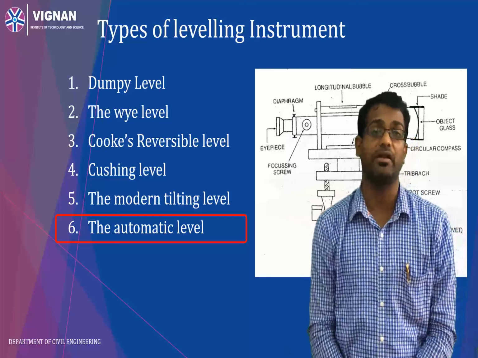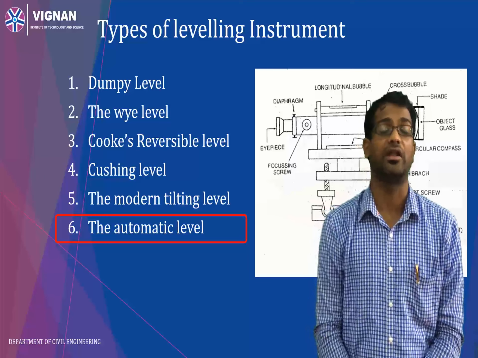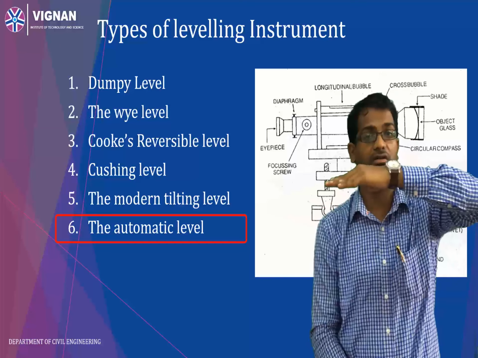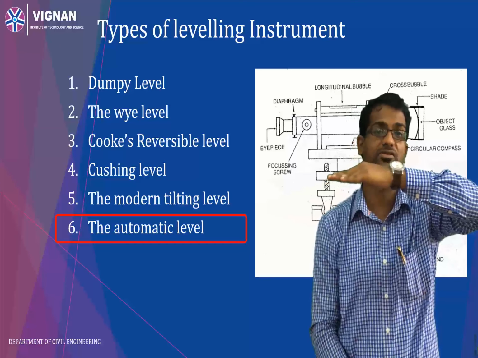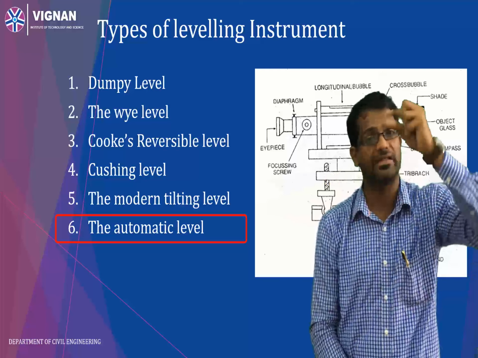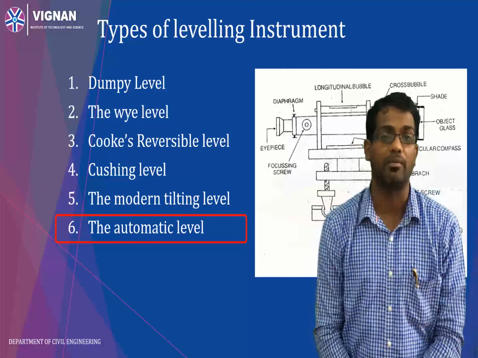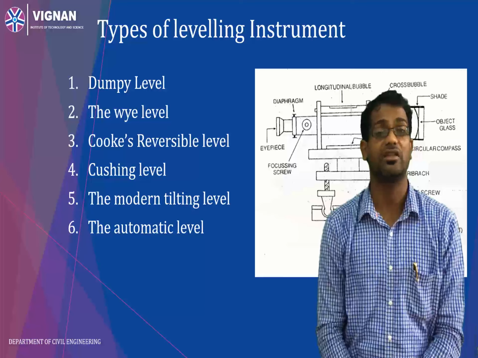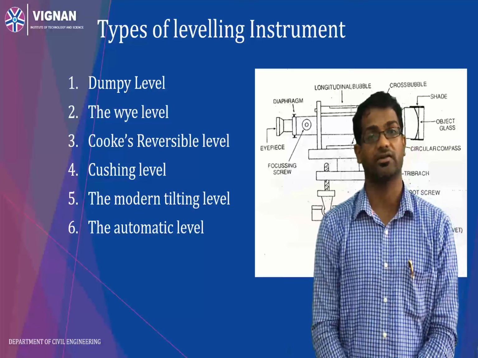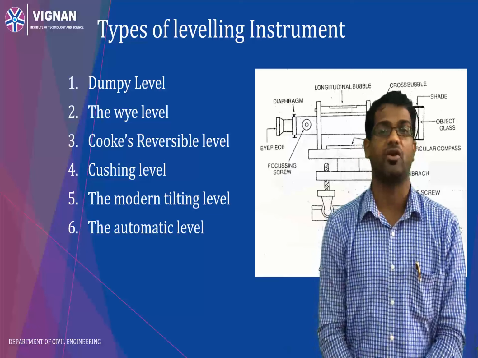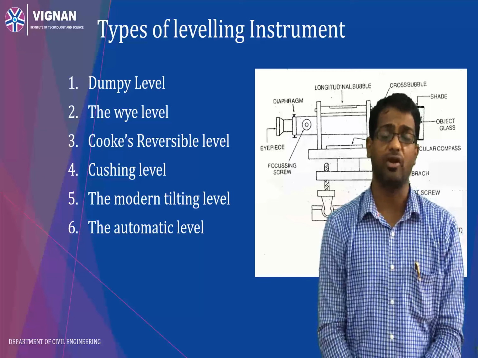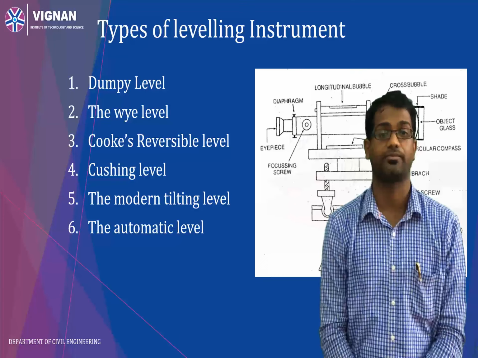There is an inbuilt leveling or tilting level, which means even if your instrument is not leveled properly, inside there is a bubble which aligns the objective and eyepiece such that the tilting effect can be rectified. So most often all the site engineers are using the automatic level, or simply auto level.